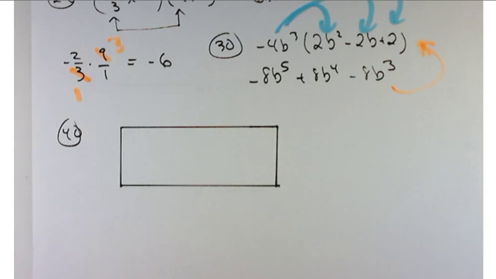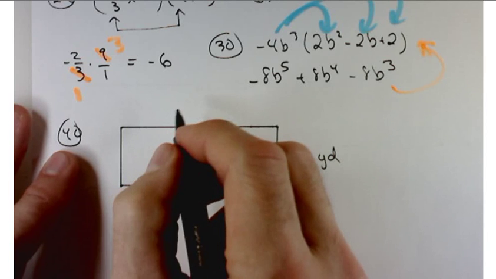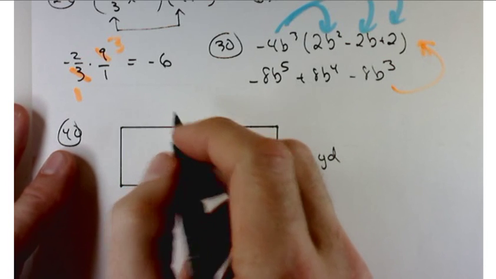So the one side has a distance that's W yards, and the other side has a distance that's 8W plus 1 yards.